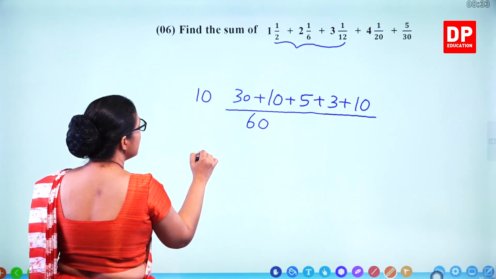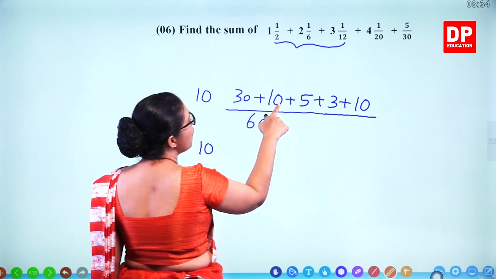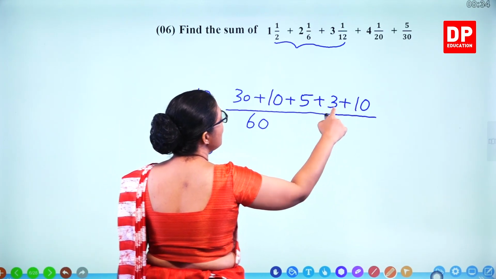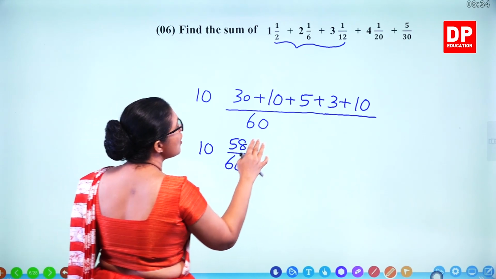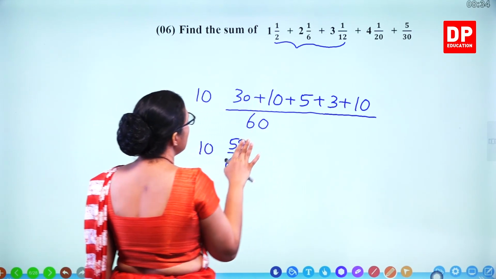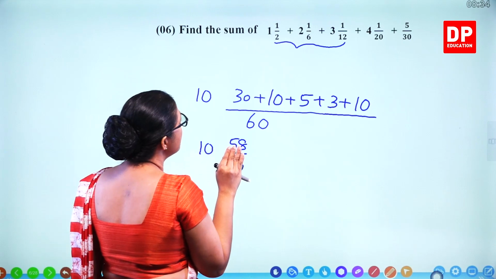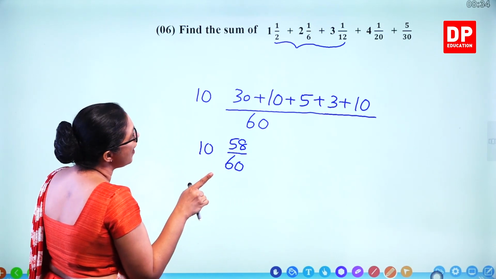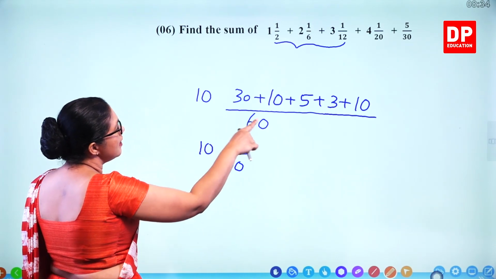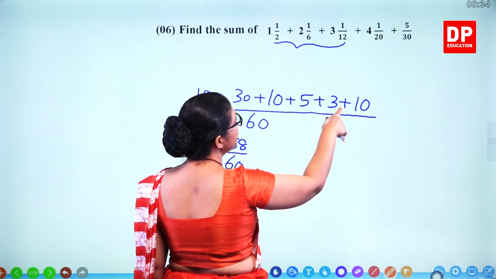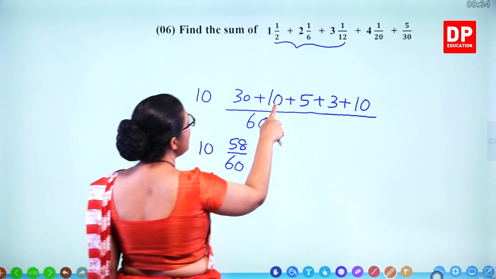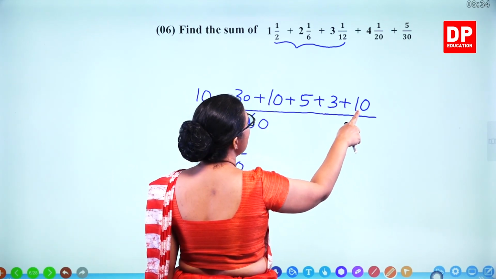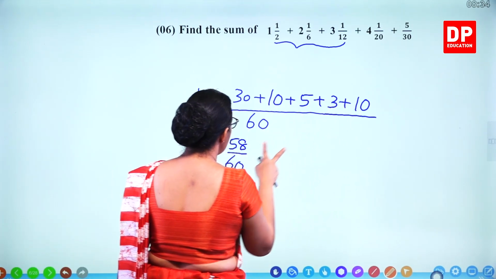So now add it. 10 is there. 30, 40, 50, 58 over 60. Again check. 30 plus 10 plus 5 plus then 3 times that 3 and 2 times 5, 10. 30, 40, 50, 58 over 60.